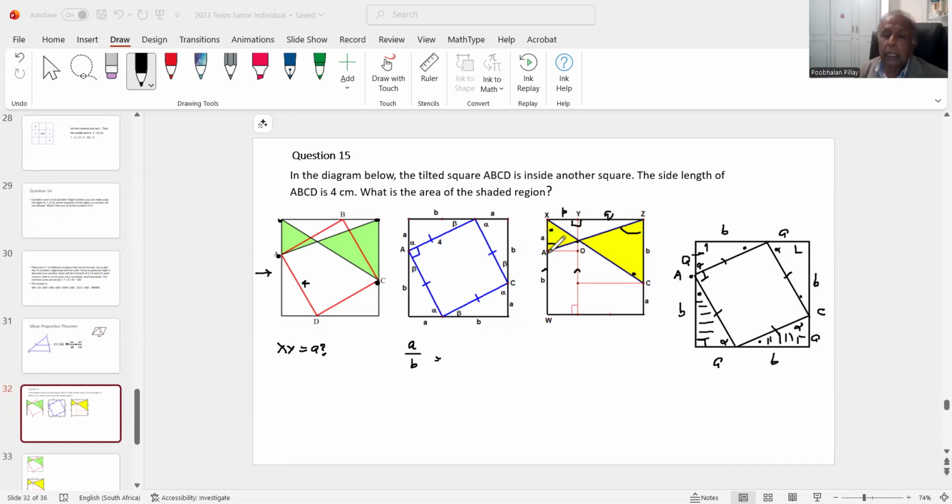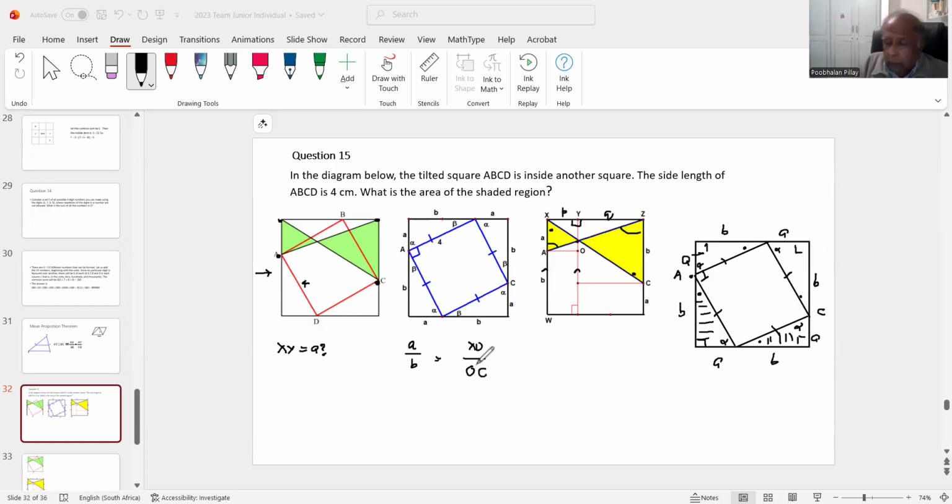A is a side of the small yellow triangle, over that will be equal to the other ratios. The ratio that I want to look at is the ratio which is opposite the angle. Opposite here I've got XO, and opposite here I've got OC.